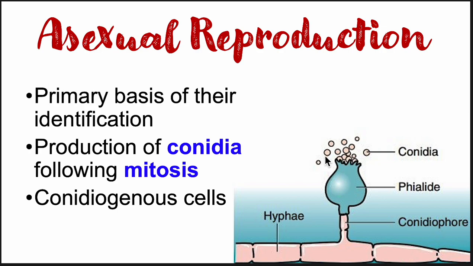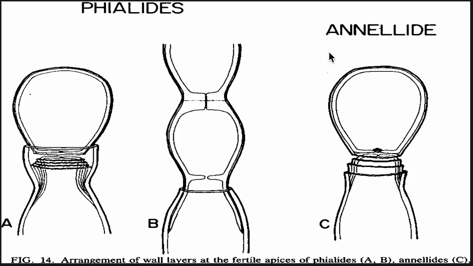Again, these conidia are products of asexual reproduction. Phialides again are vase-like structures. I'm repeating that to make you easily remember it. But we have another structure, we call it annelide. That is a ring-like structure. So these are phialides, these are annelides.